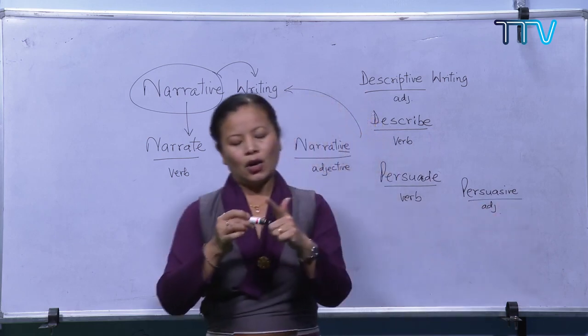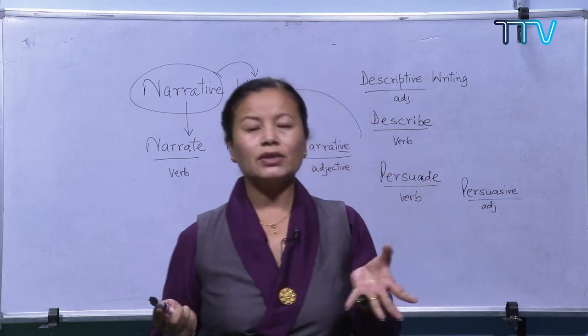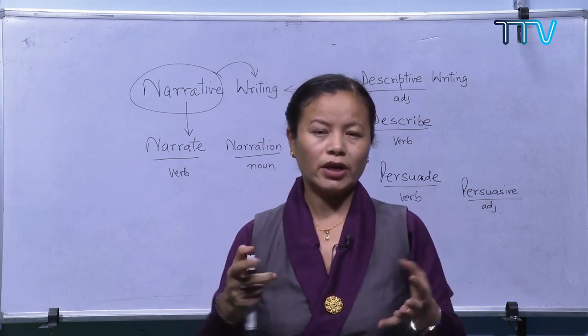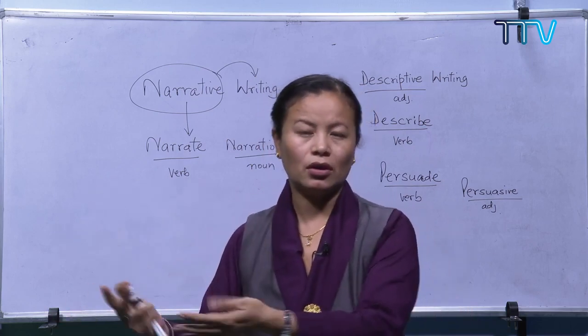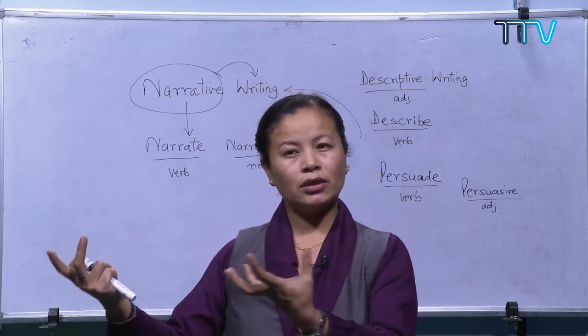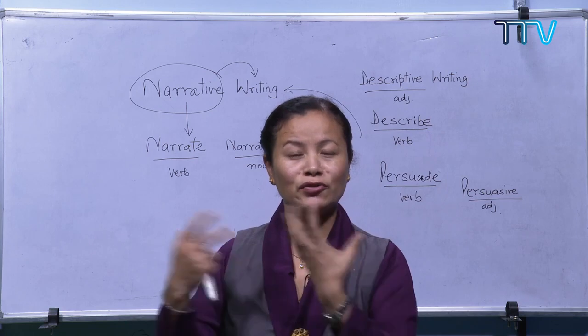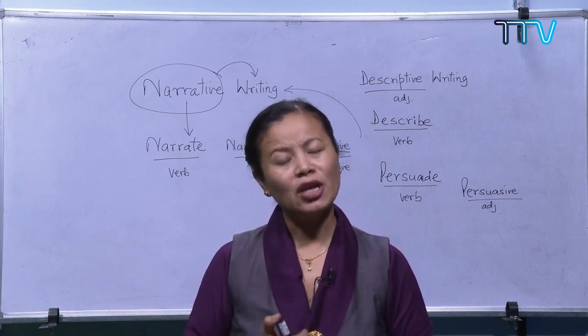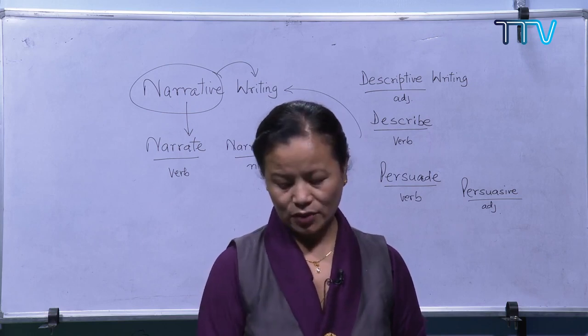So all those types of writing where you can find the writer trying to convince the reader, trying to take the reader into confidence, to take the reader to your side, this type of writing is called persuasive writing. Okay, look at the slide now.